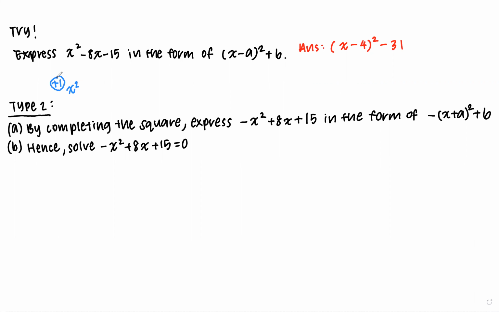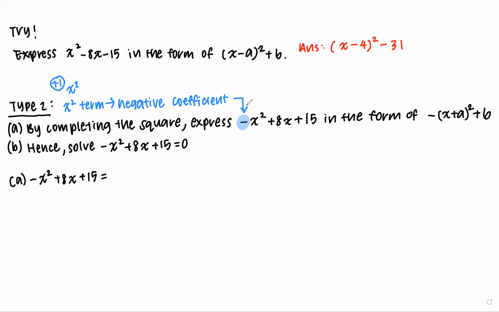Type 2, what is different is that now your x squared term has a negative coefficient. Okay? I'll give you some time to copy it, and then we will start.